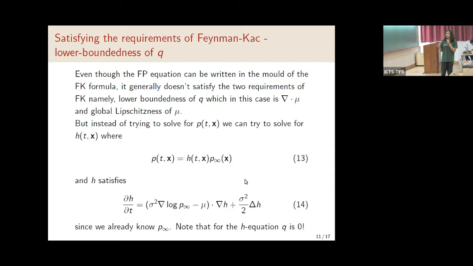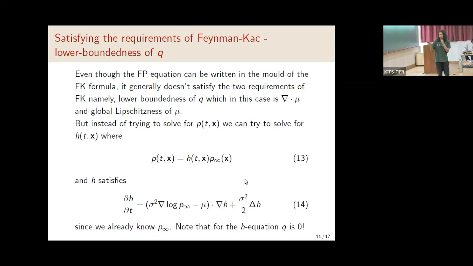But instead of trying to solve for P, we can actually try to solve for H, where H is given in 13, where P is just H times P infinity. And H satisfies another PDE, partial H partial t equals sigma squared grad log P infinity minus mu dot grad H plus sigma squared by 2 Laplacian of H.